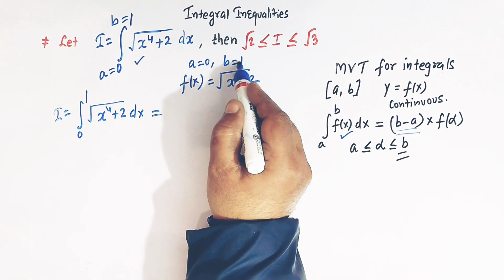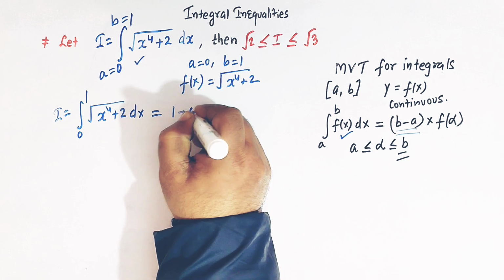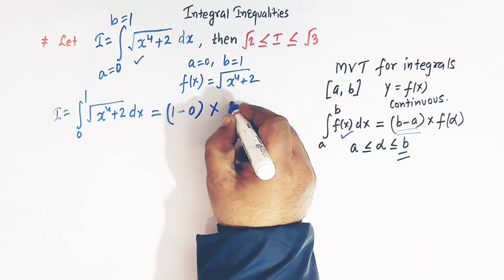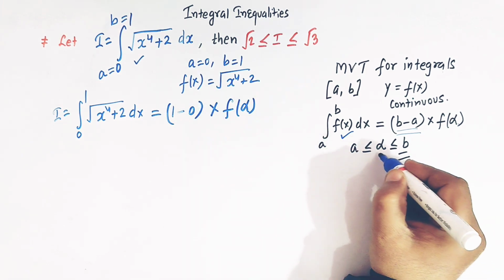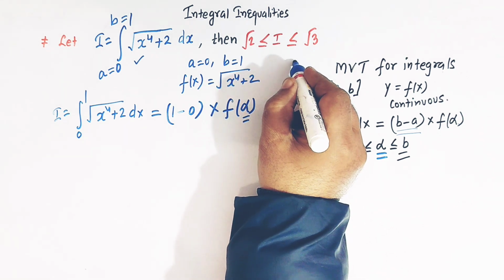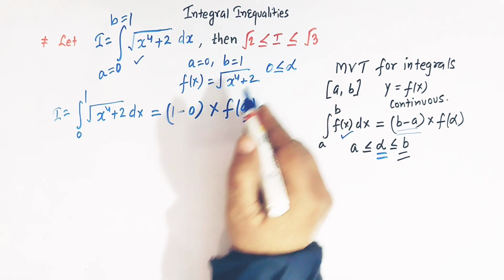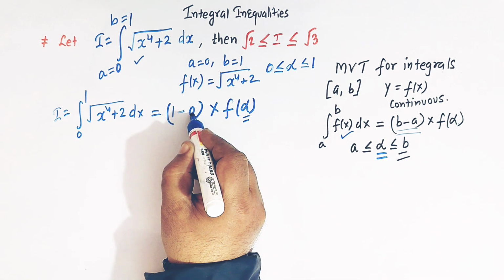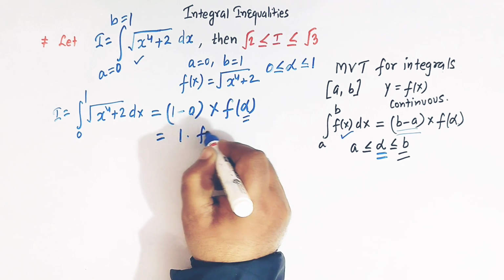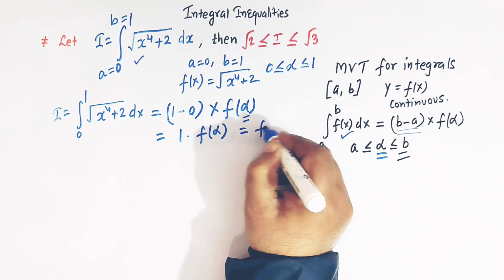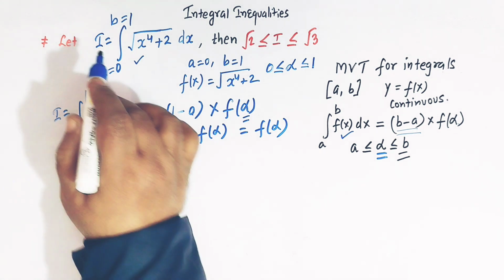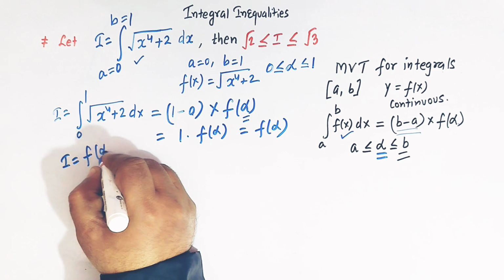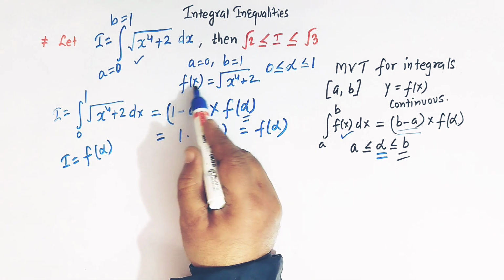B is 1, a is 0, so we have 1 minus 0, multiplied with f of alpha, where alpha is some number which lies between 0 and 1. So 1 minus 0 is simply 1, and we have 1 times f of alpha, that is equal to f of alpha.